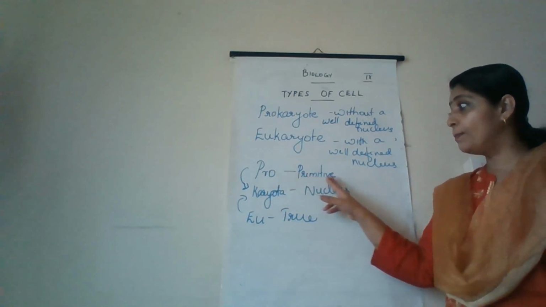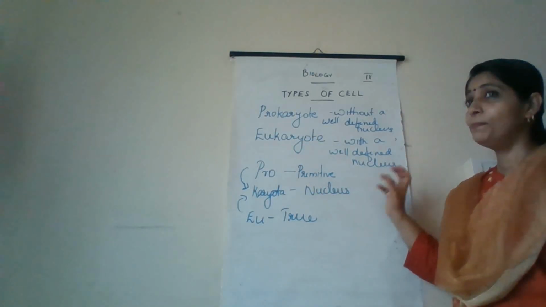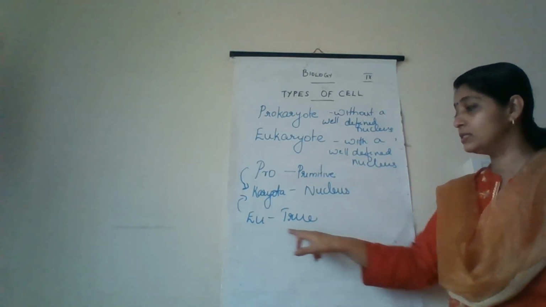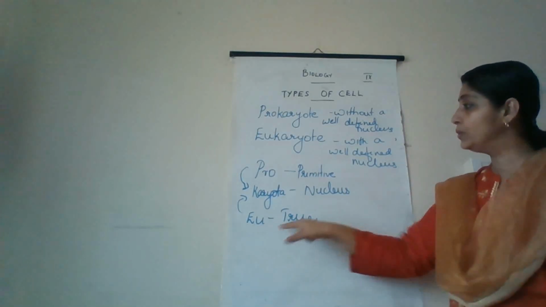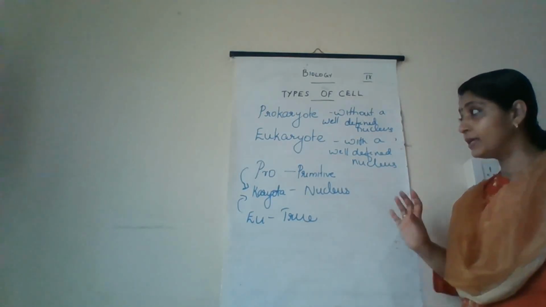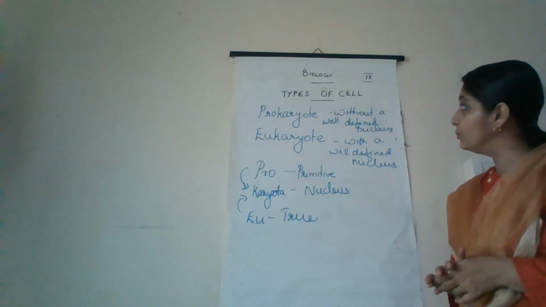So pro, primitive, karyota, nucleus. So prokaryote means with a primitive nucleus, and in eukaryote, eu means true, so eukaryote means with a true nucleus. From the term itself we can get the definition of these two types of cells.